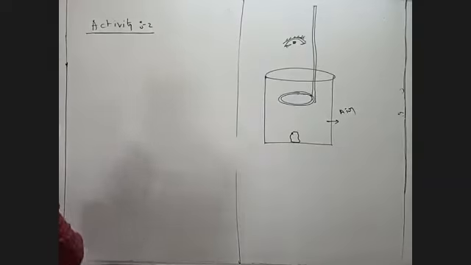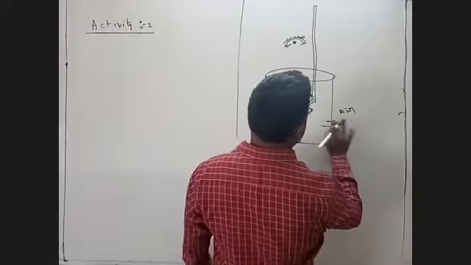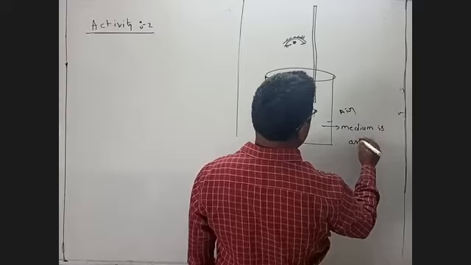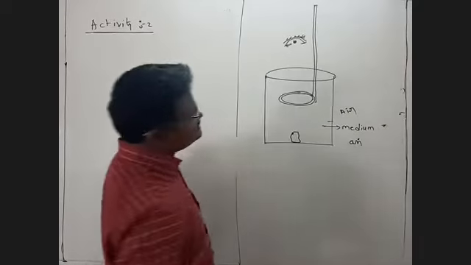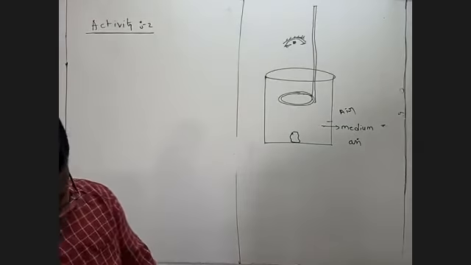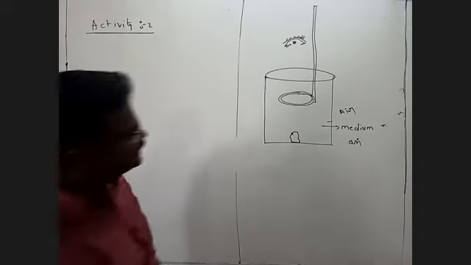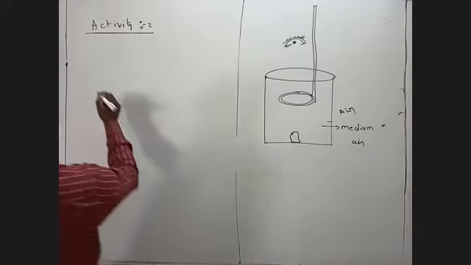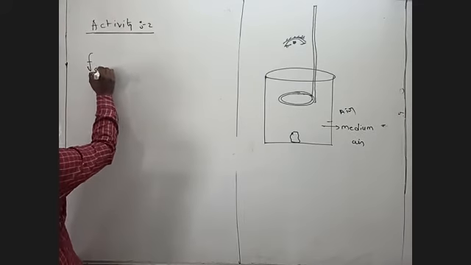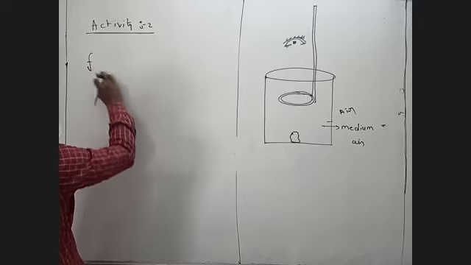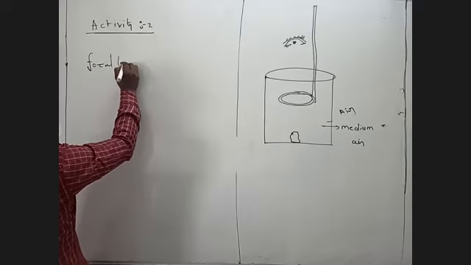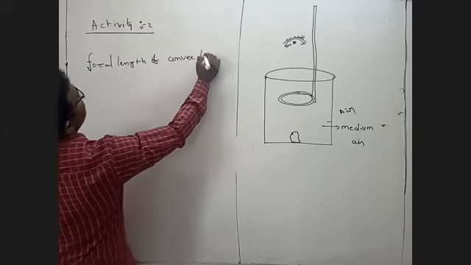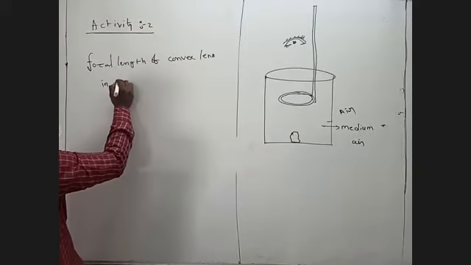The medium here is A. So first we are going to find out the focal length of the convex lens in A.